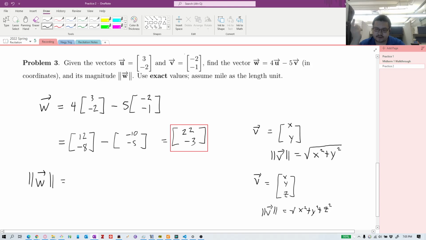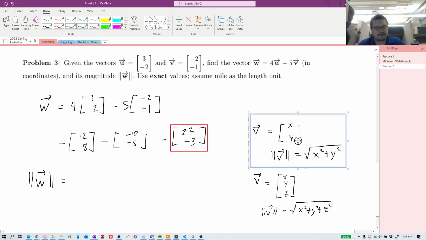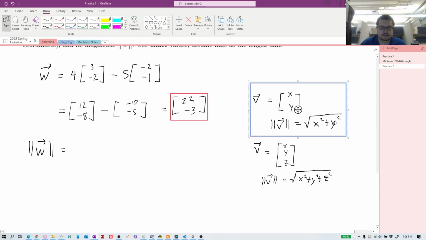You square each of the components, add them together, and then take a square root at the end. The only thing that happens is we have to tack on this plus z squared. But most likely we're only going to require that you know this one, because I don't remember us working with vectors of higher dimension, but that's okay. All right, so that's what you need to use.